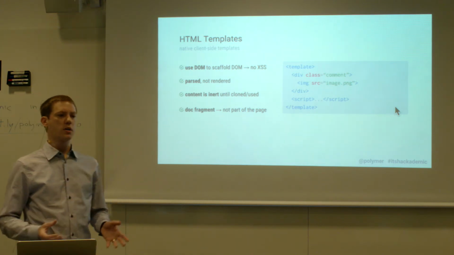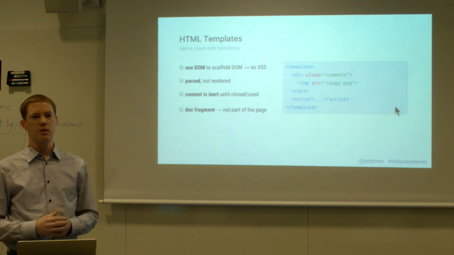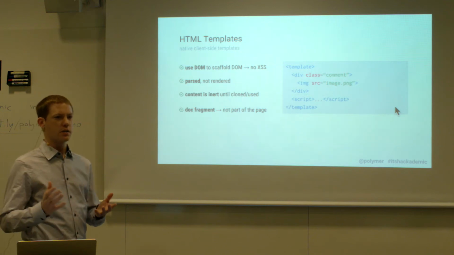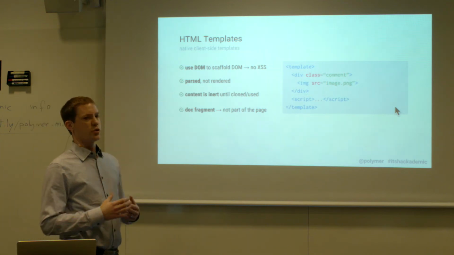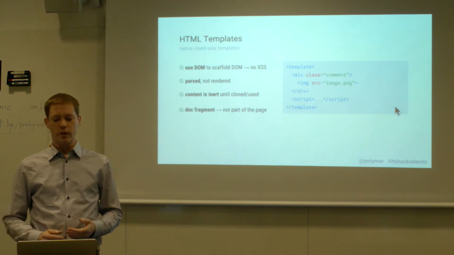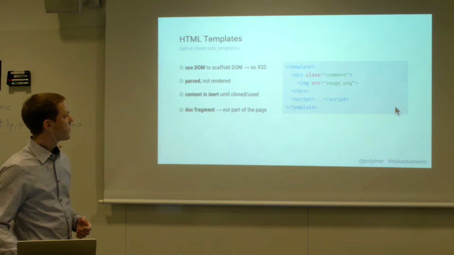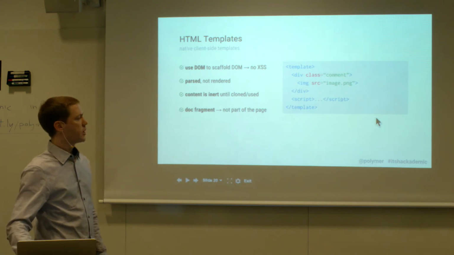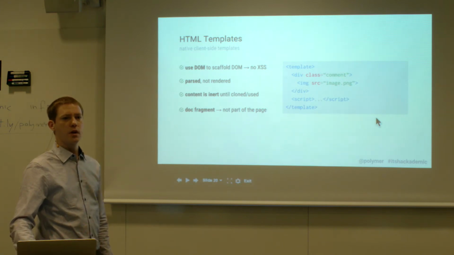It's not parsed. It's just text. Or actually, it's not text. It's still DOM elements, but it doesn't do any HTTP requests. It doesn't execute the JavaScript. So it's really good. And it's actual DOM. You can manipulate this with JavaScript if you need.